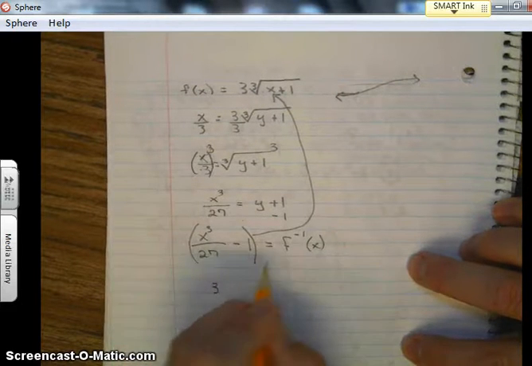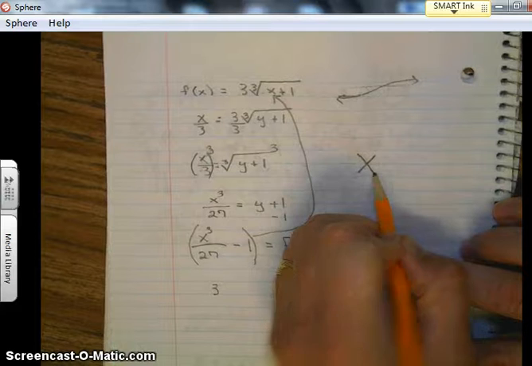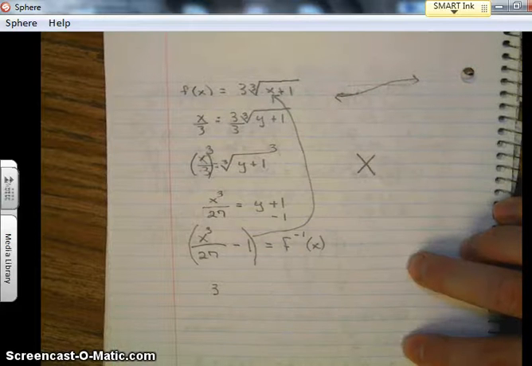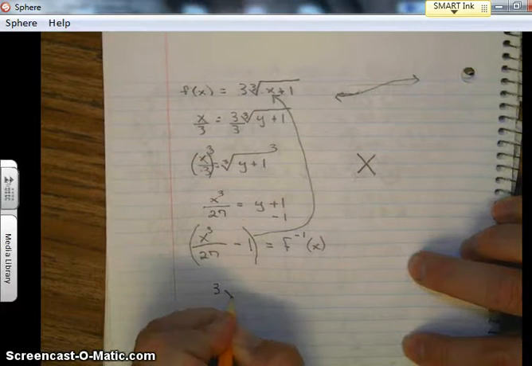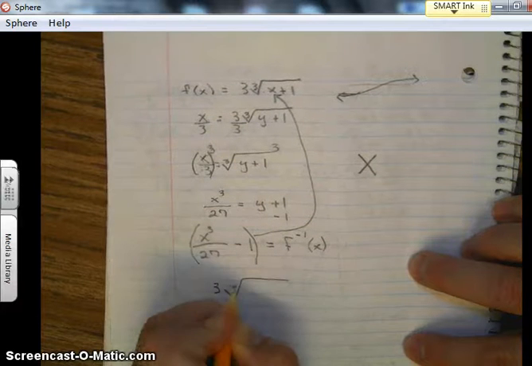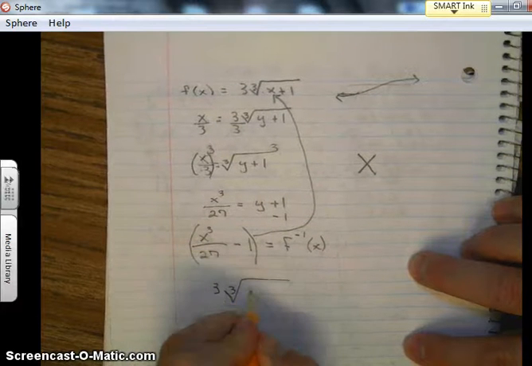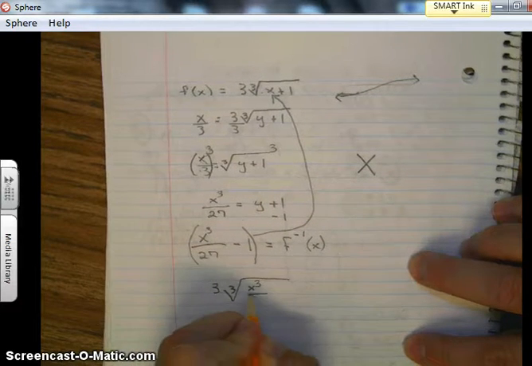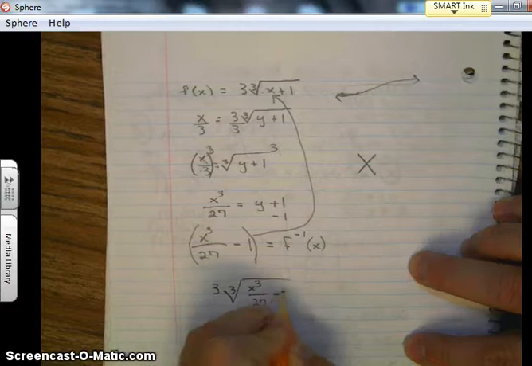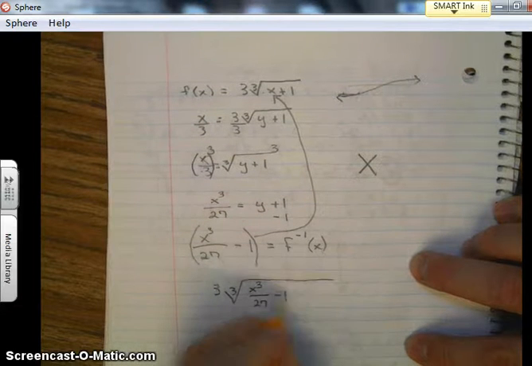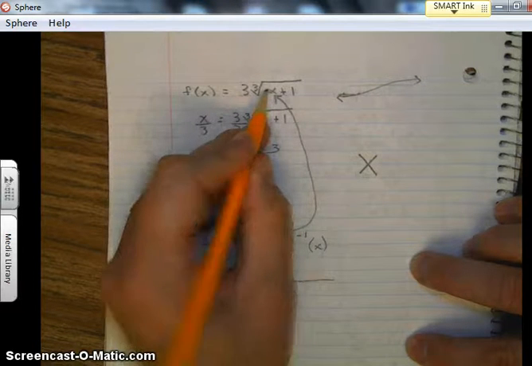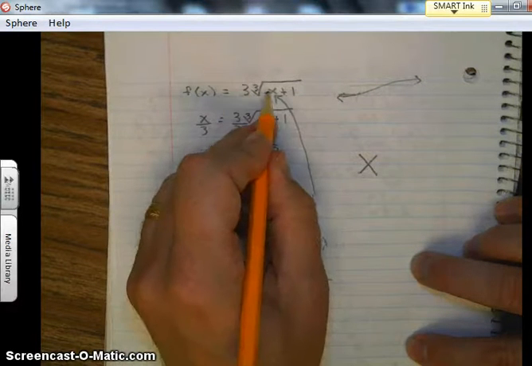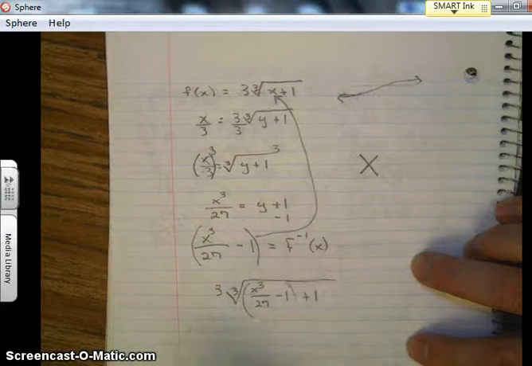Now remember, the result needs to be x if they are inverses of each other. So there is my x right here. I plug this function in, it's a composition.